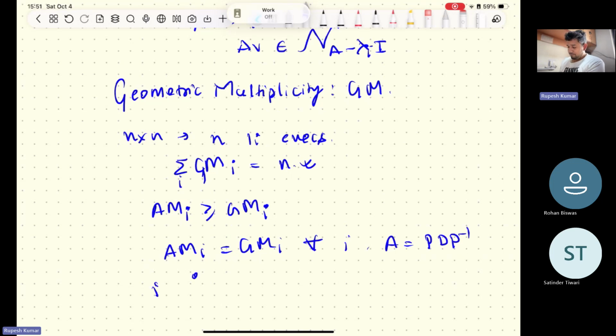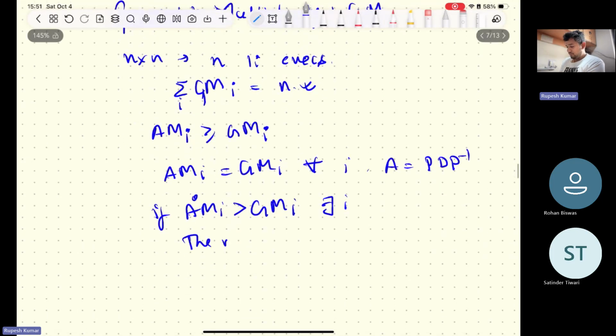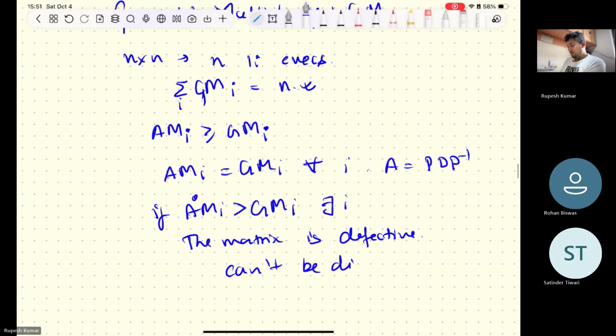Otherwise, if AM_i is greater than GM_i for any i, the matrix is defective. This can't be diagonalized, right?